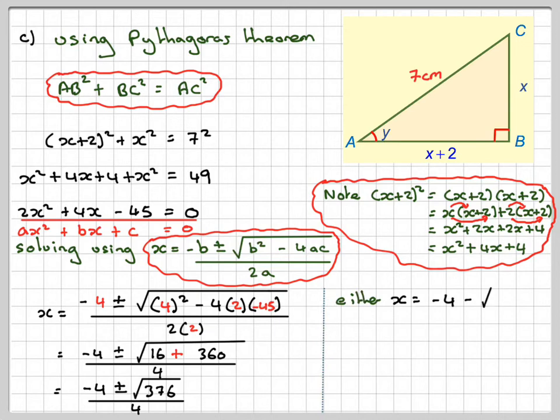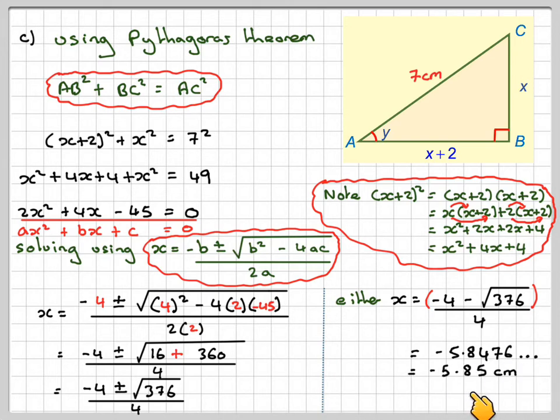So either x is equal to minus 4 minus the square root of 376, all divided by 4. Put it in brackets and work that out to get minus 5.8476, which is minus 5.85 centimeters. Again, that has no meaning. x cannot be negative, it's a length, so it's not possible, and you should acknowledge that.